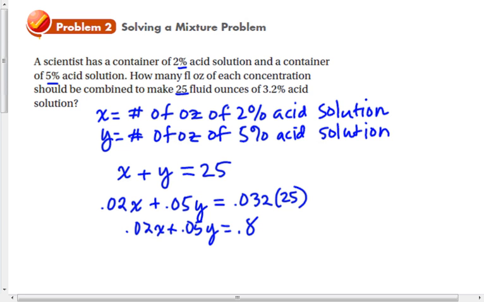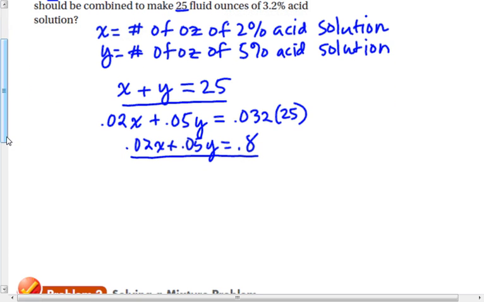All right, now we have a system of equations. So here's one equation here. Here's another equation here. We could use substitution here, but I think I like using elimination here. What I'm going to do is multiply this equation here by 100, and that'll get rid of my decimals.